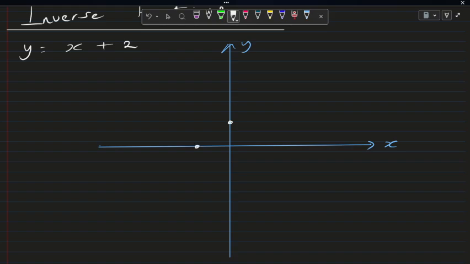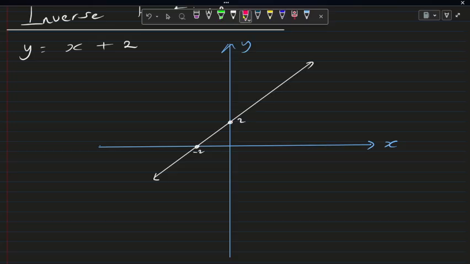So this is x is minus 2, and then this is y is 2. So this is our graph.